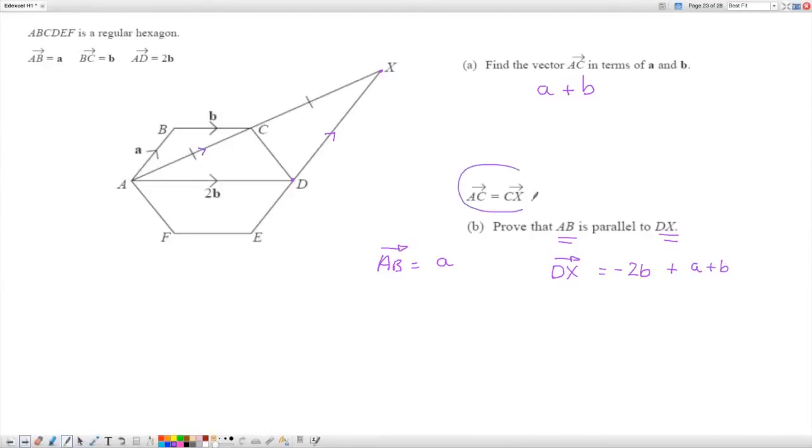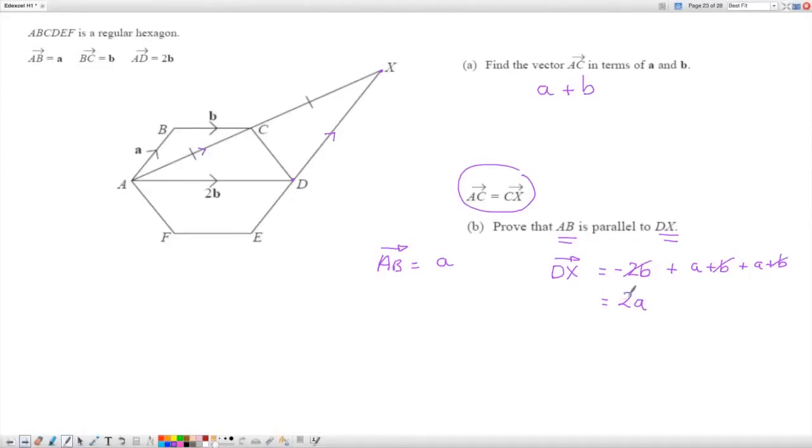But remember, when we get here, we then have another vector, the same. CX is the same as AC, so we add here another vector, a plus b. Simplifying, we have minus 2b plus b plus b, that cancels, and we're left with 2a.